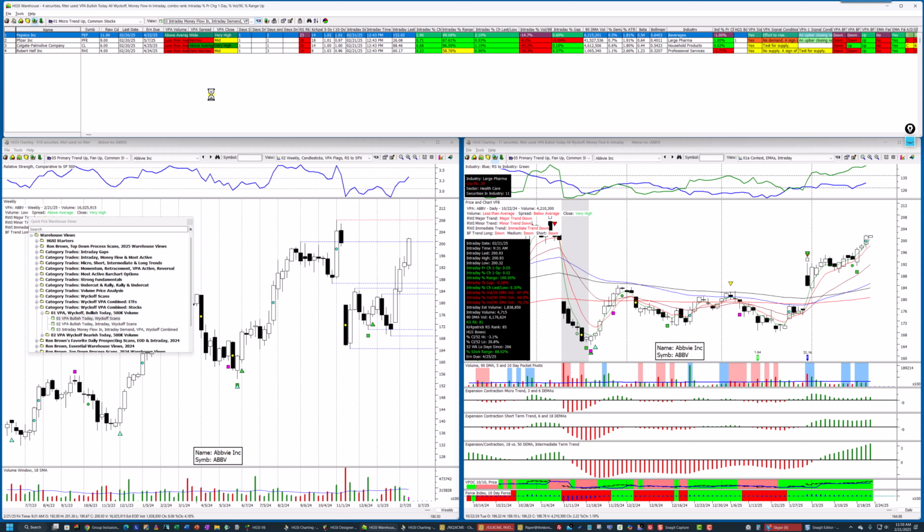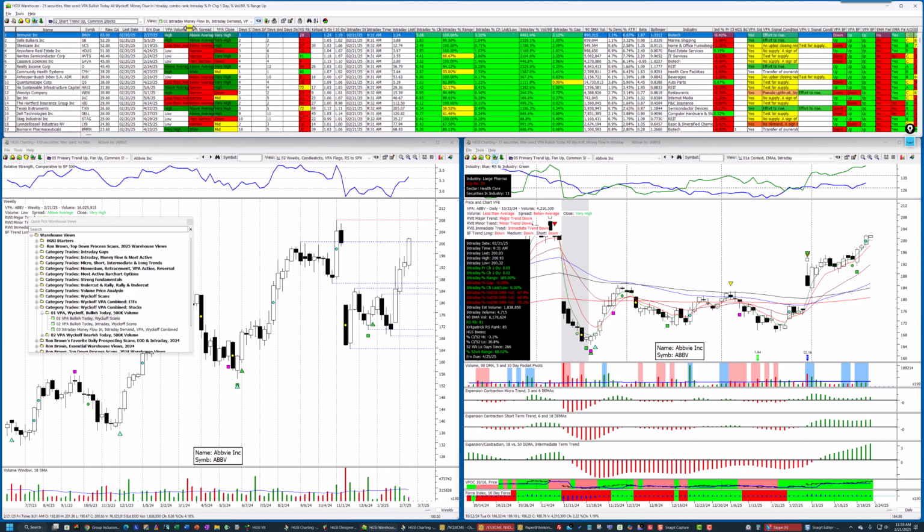Same group, same trend grouping and the same Wyckoff VPA scans, but this cuts it down to the stocks that are moving up.